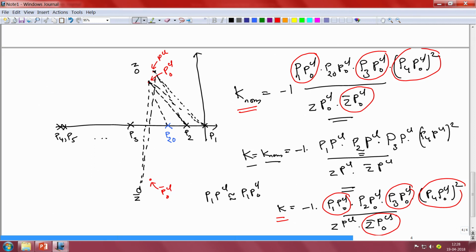Therefore, when I equate k to be equal to k nominal, I discover that all these terms simply cancel one another and go away from the equation, and I am left with just a few terms. In particular, I would have P2 naught PCl naught divided by Z PCl naught to be equal to P2 PCl naught divided by Z PCl.